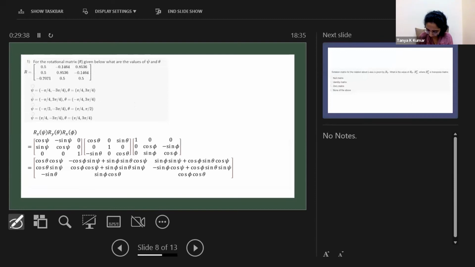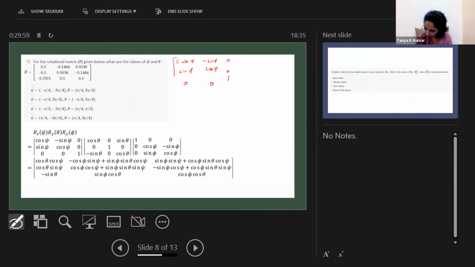Rotation about the z axis is of this form: cos of whatever angle you rotated about, sine of that angle, 0. Here you have minus sine of the angle, cos of the angle, 0. And you have 0, 0, 1.